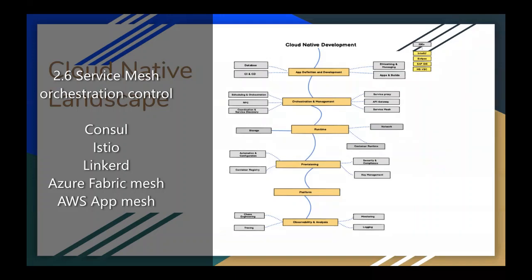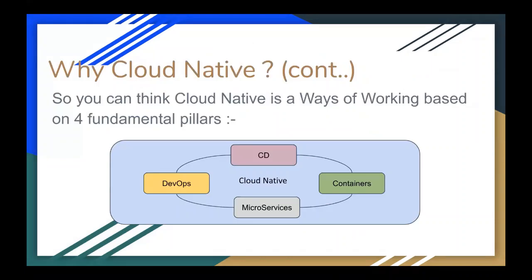AWS also has its own service mesh which they have developed. These are the ones related to service mesh. All these four fundamental blocks make sure that the end-to-end workflow is delivered to or deployed to the prod systems.